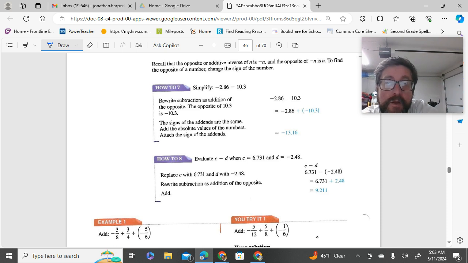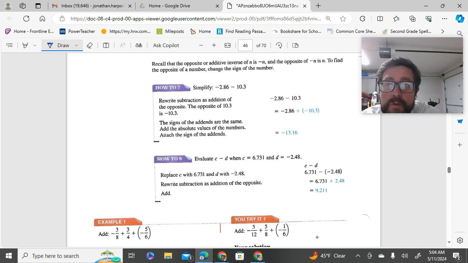The opposite of 10.3 is negative 10.3, or negative 10 and 3/10, but I'm just going to use decimals for now. The signs of the addends are the same. Add the absolute value of the numbers, attach the sign of the addends.